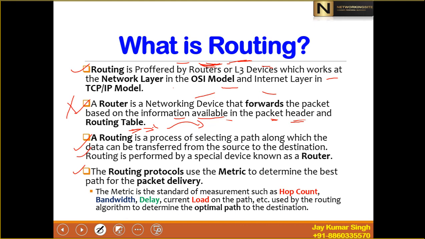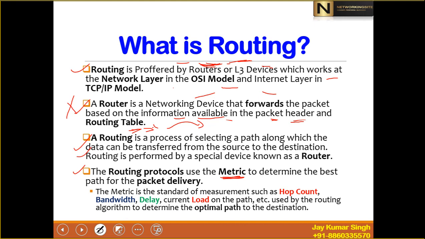The router is calculating some kind of measurement: from here is 1 kilometer, from here is 2 kilometers, from here is 3 kilometers. Those calculation or measurement methods are known as metric. So metric is a calculation process or method used by routing protocols for the best path selection process.